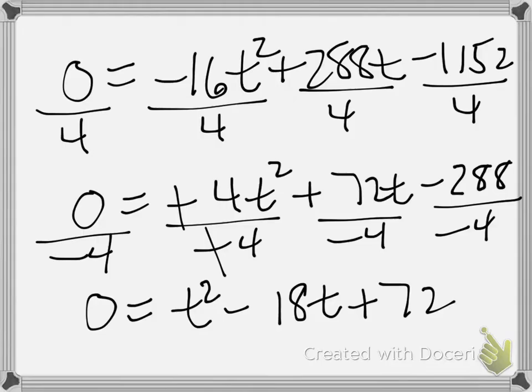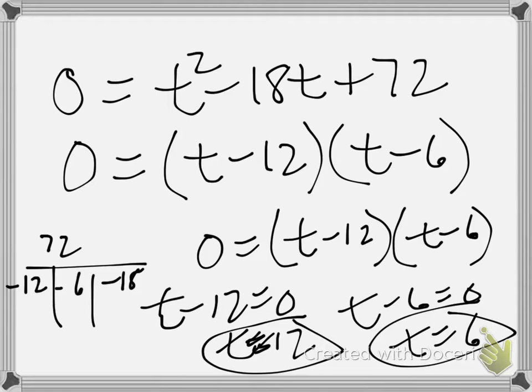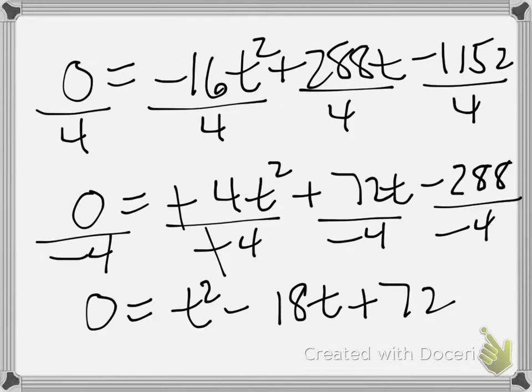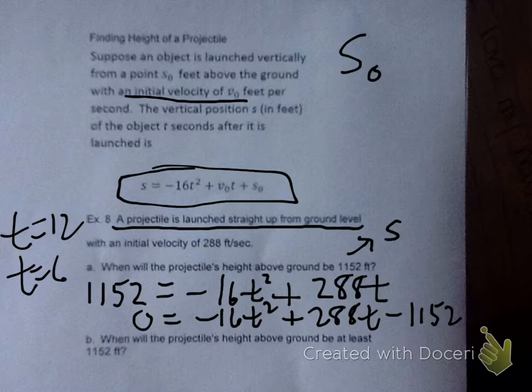Because we have 2 answers and we have to figure out which one is correct. Well, my guess would be to take 12 and plug it into the original equation. So you've got t equals 12 and t equals 6, unless I made an arithmetic mistake, which is always possible.